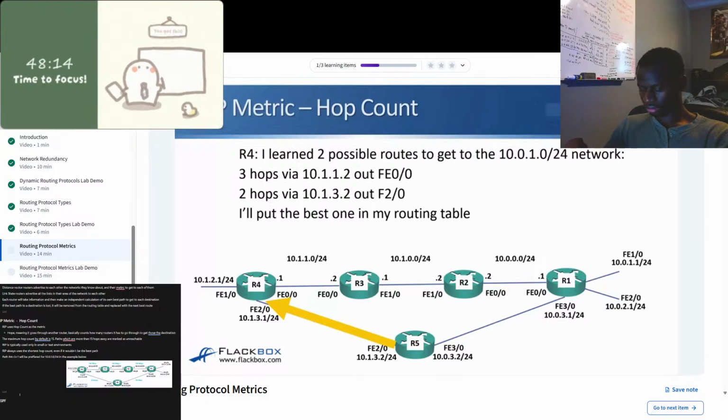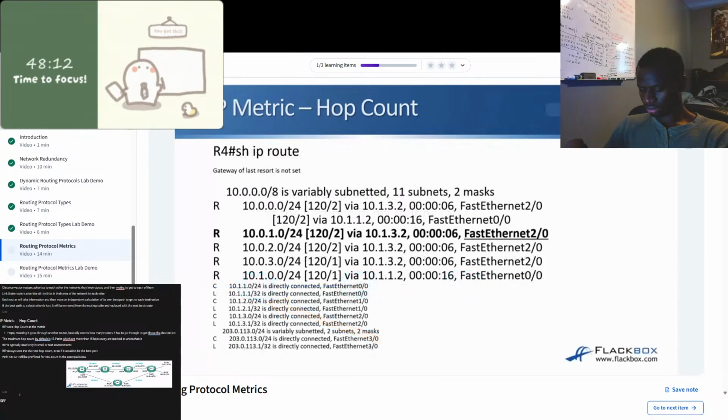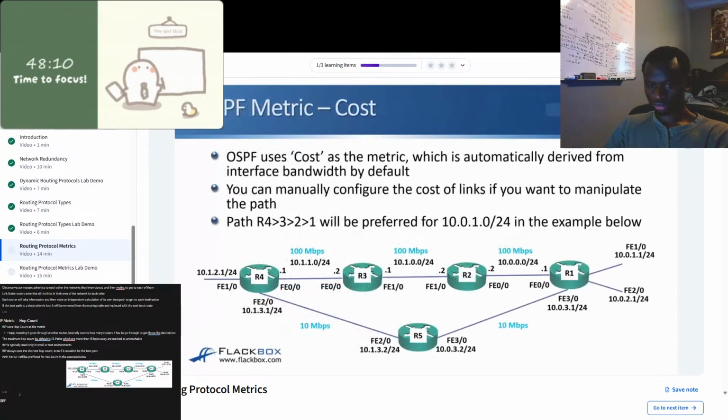So let's see how it works with OSPF as compared with that. So OSPF does take bandwidth into account. It uses cost as the metric, which is automatically derived from interface bandwidth by default.